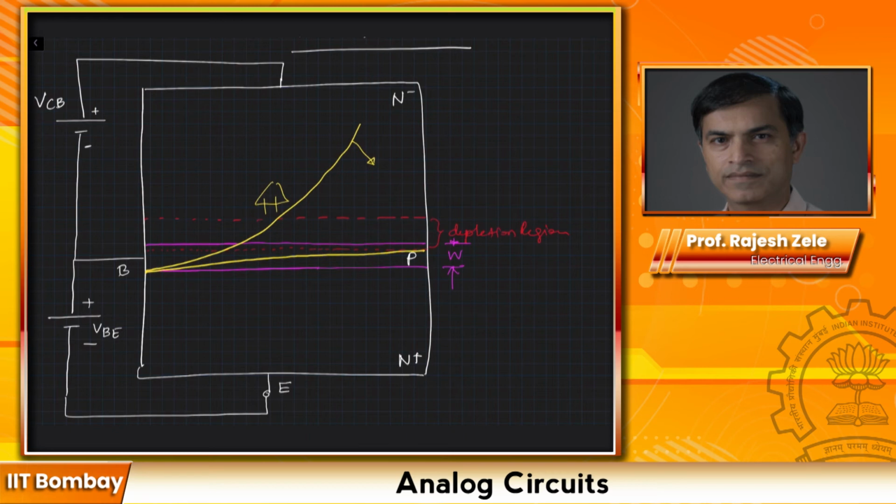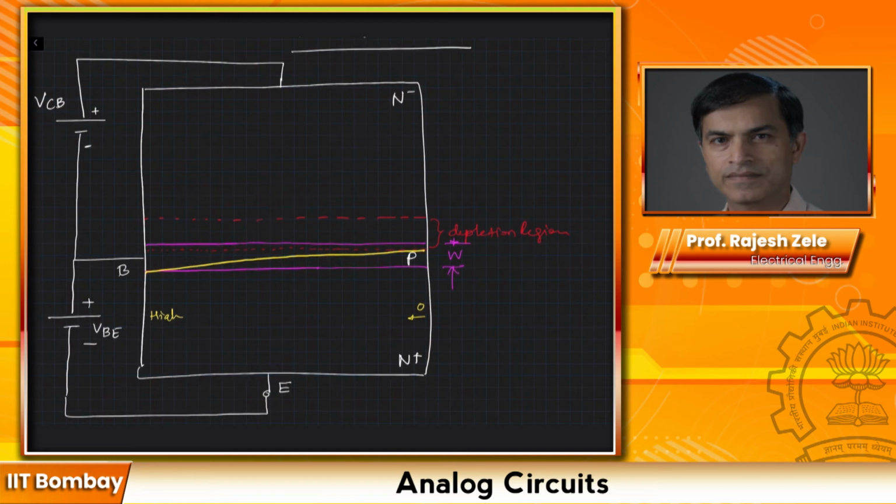It will go to 0. If you look at the axis here, this is high and this is 0. So by bringing in a reverse-biased collector-base junction, we have suddenly increased the slope of this carrier concentration.